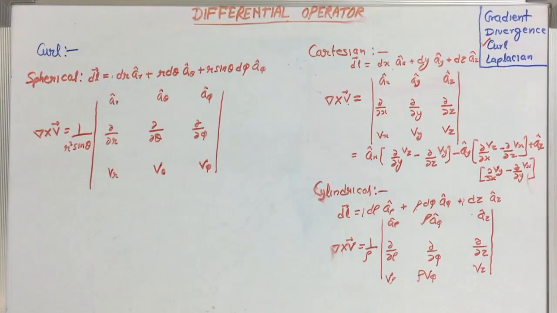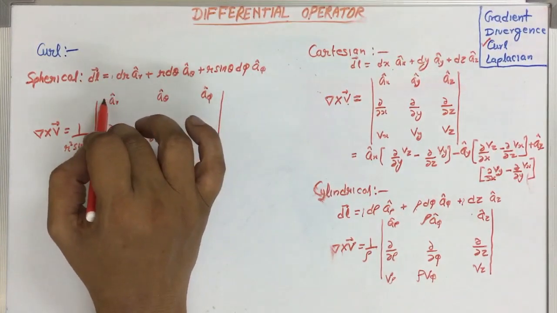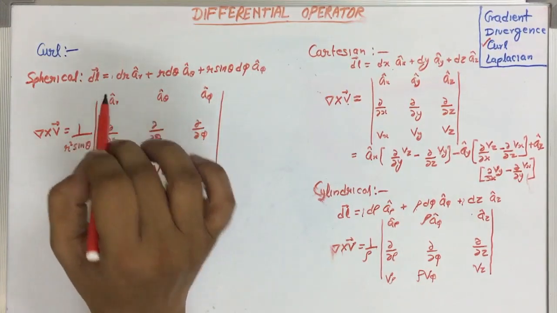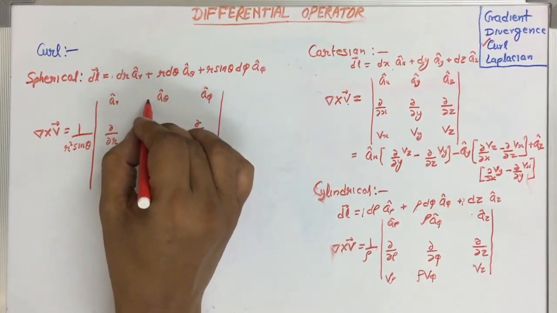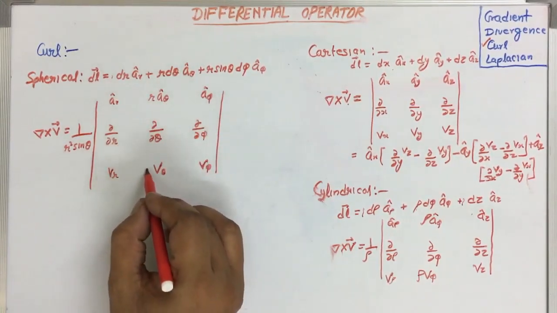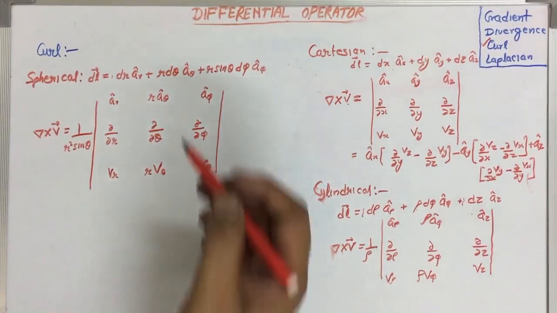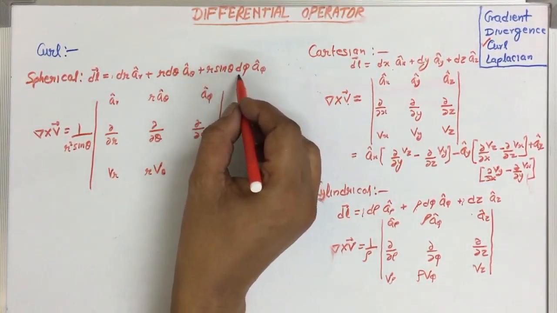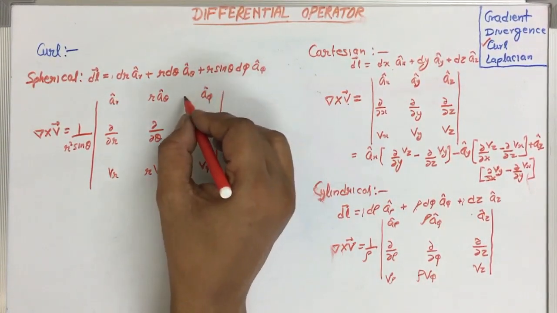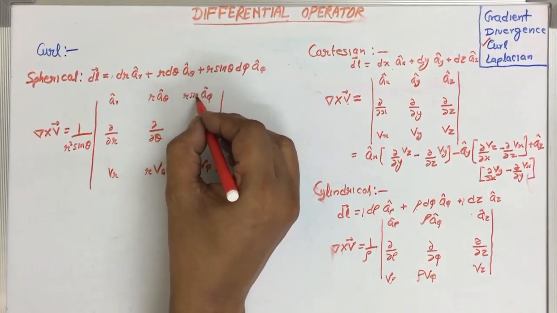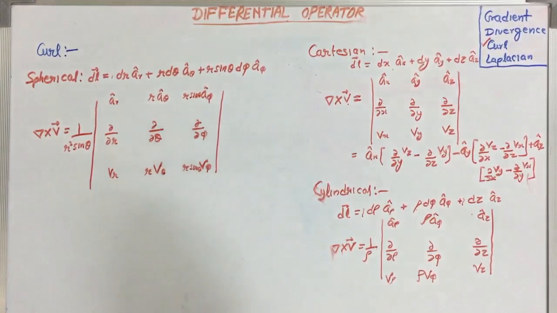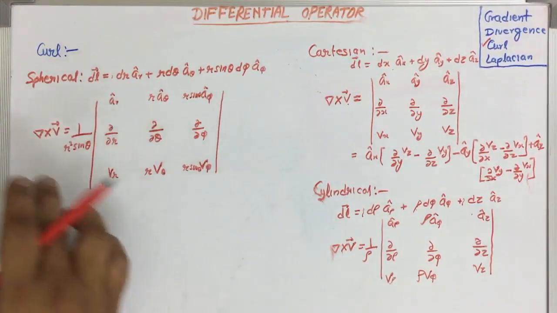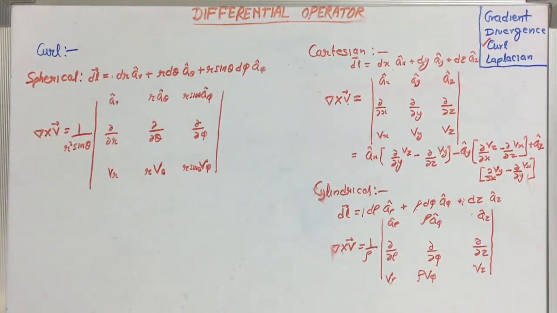Now, here the coefficient is 1, so no need to write anything here and here. The coefficient is r, so just write r here and r here. The coefficient of this is r sine theta, so write r sine theta here and here. In this way, the determinant of this will give you the curl of the vector field V in that direction.